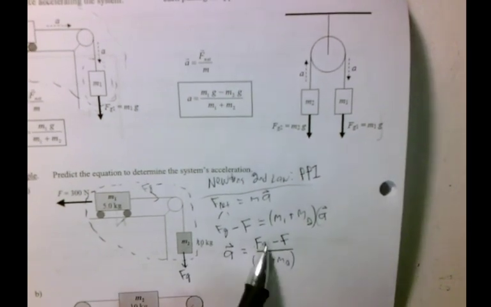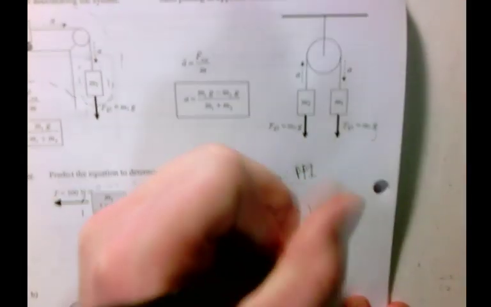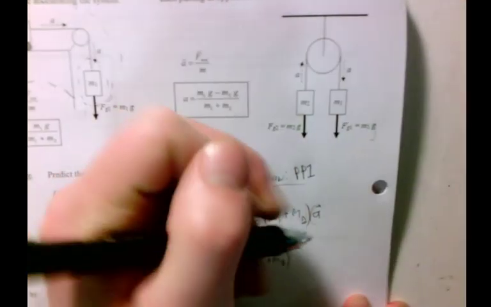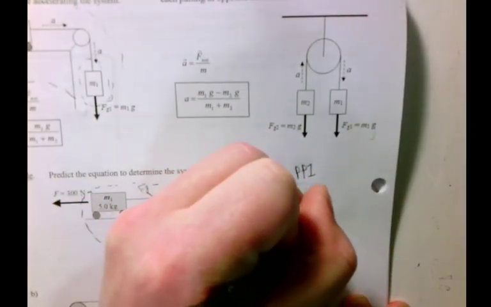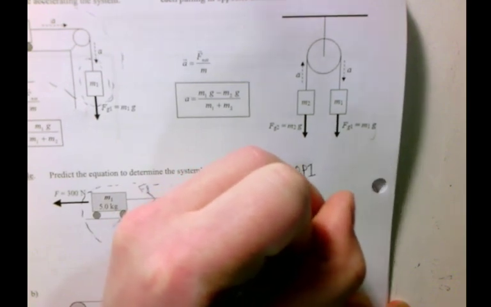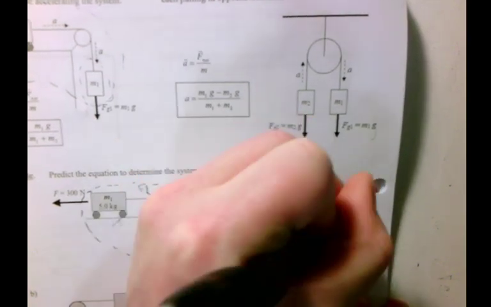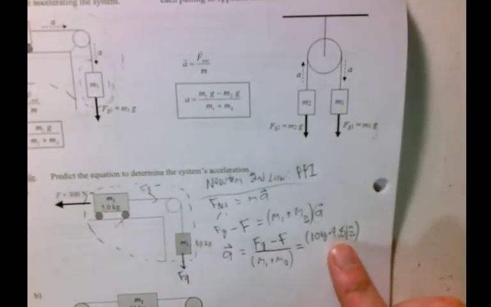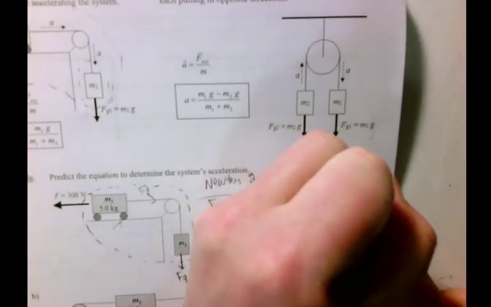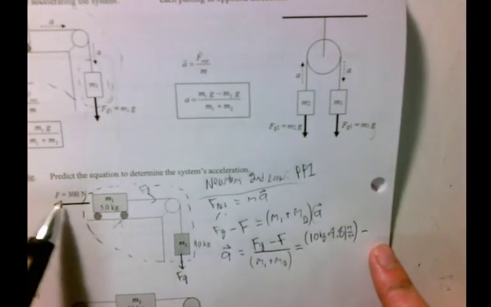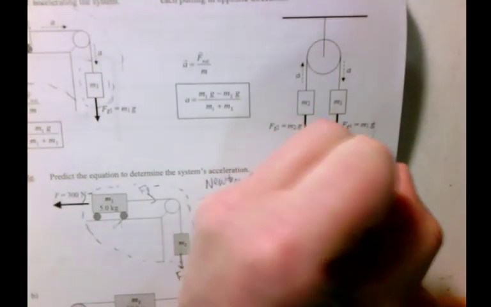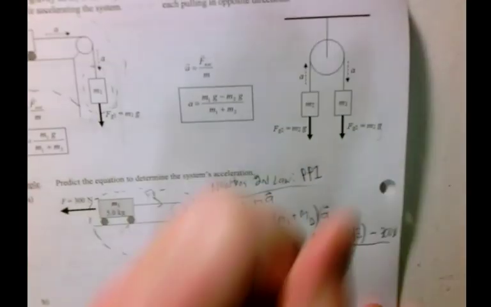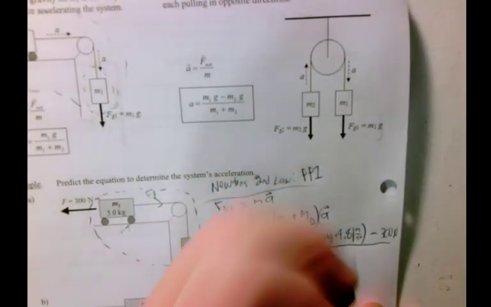And force of gravity will be 10 times 9.81. So we have mass times acceleration for our force of gravity minus our force of 300 newtons. And we're dividing that by 10 plus 5.